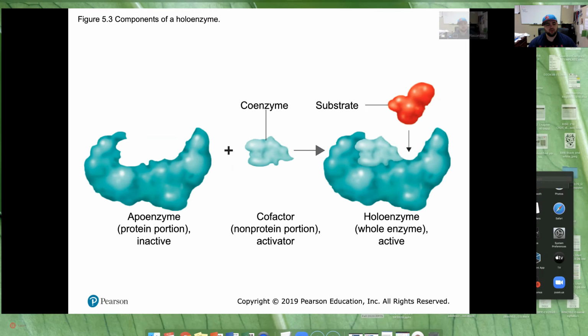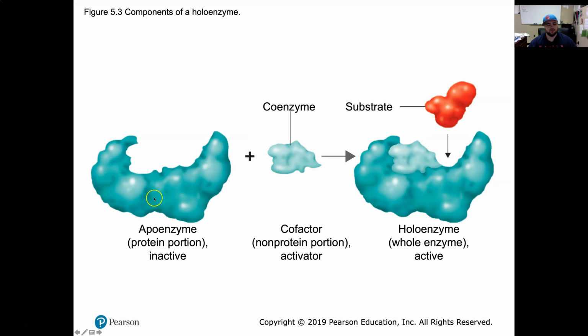First off, this first image is the apoenzyme. It is the protein portion of the enzyme that is inactive. In this form, it's not working. But as soon as you add a cofactor, which is not protein-based, you add that coenzyme or cofactor to fit into the active site of the enzyme, it becomes what we call a holoenzyme.